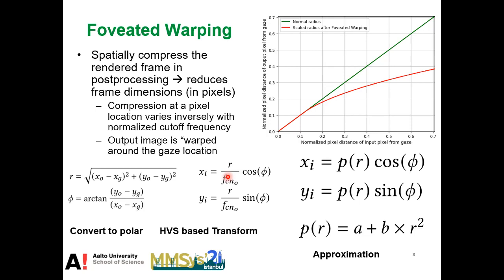But since this R by fc(R) is not easily invertible, we approximate it as a parabola, as A plus B into R square. As can be seen here, foveated warping changes the radial pixel density according to cutoff frequency from the gaze.